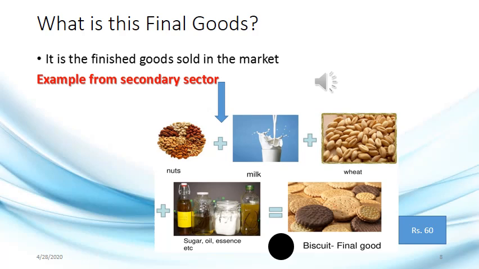It is a mammoth task done by the central government to calculate finally the value of the primary, secondary and tertiary sectors. This example is just to show you the final value of final goods. That is very important, because when you say final goods, you don't take the value of inputs again, because the final value itself has the value of inputs.